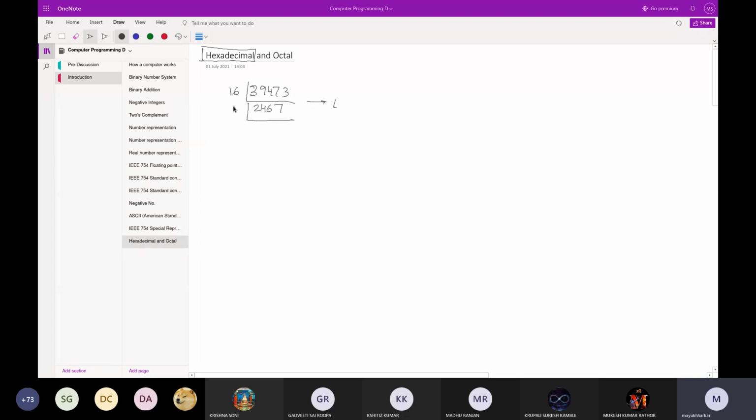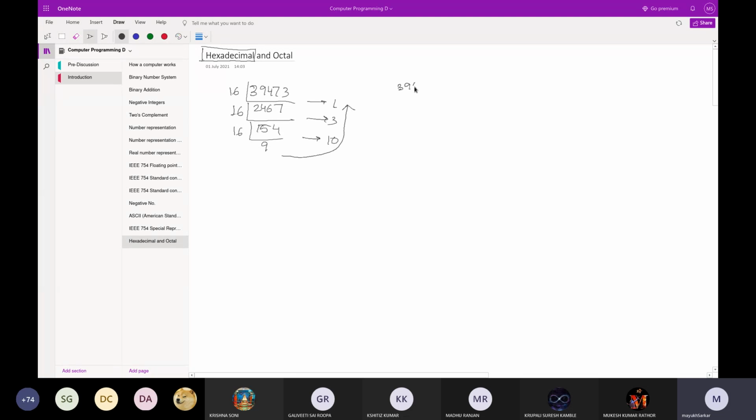Similarly, after dividing 2467, we get 154, and the remainder becomes 3. If we divide 154 by 16, it's quite clear, 9 will come here, and it is 144, so 10 will be the remainder. Now we'll take the digits in the reverse way.